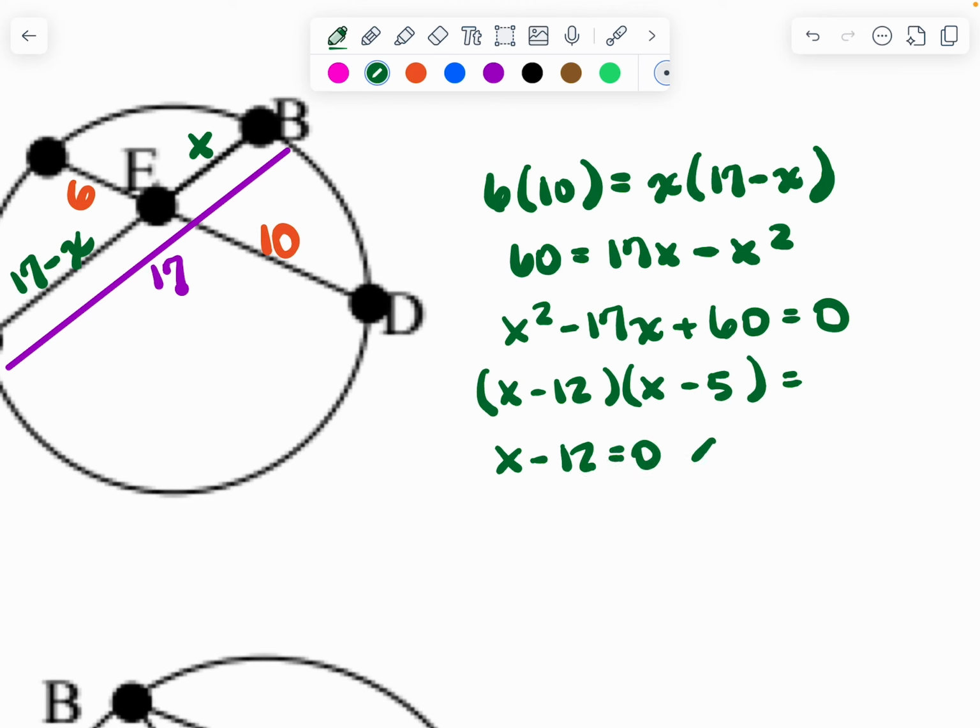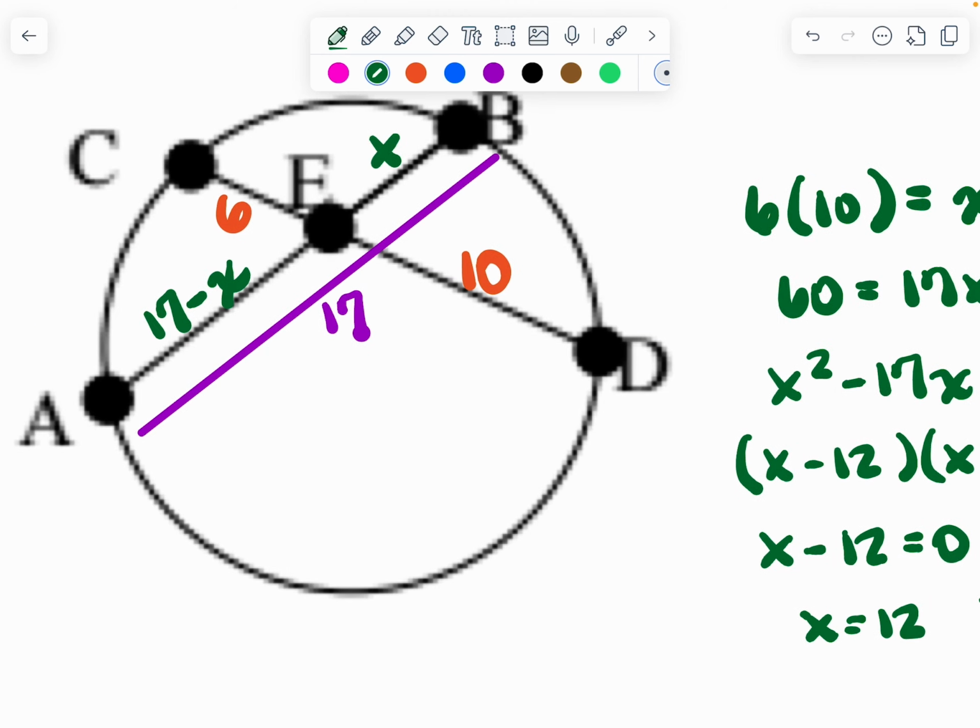Because when I solve both of these factors, I get x equals 12 or x equals 5. Which means, and both of those answers are legit, right? Because you're basically saying either this one can be 5 and this one can be 12, or this one can be 5 and this one can be 12.